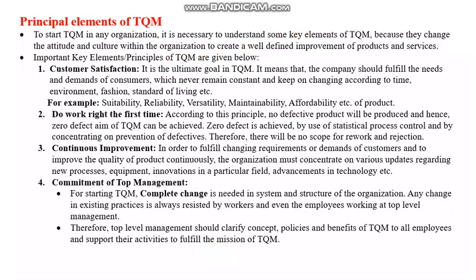are, first, customer satisfaction. This is the main thing, the ultimate goal of total quality management. It means that the company should fulfill the needs and demands of consumers, and these demands don't remain constant. The expectations of the consumer keep on changing from time to time, based on environment, fashion, and standard of living.